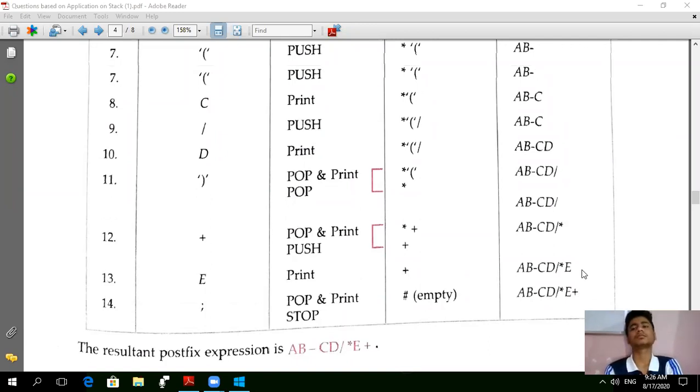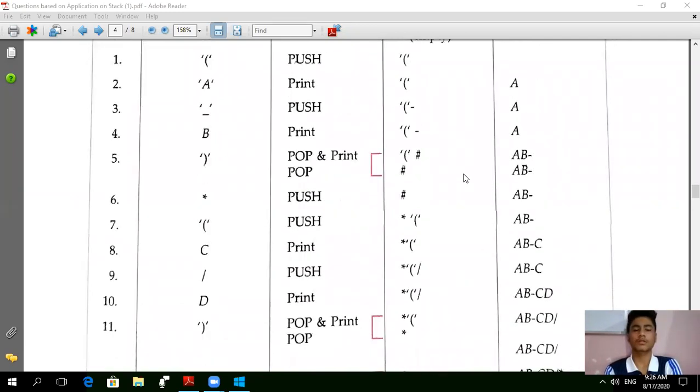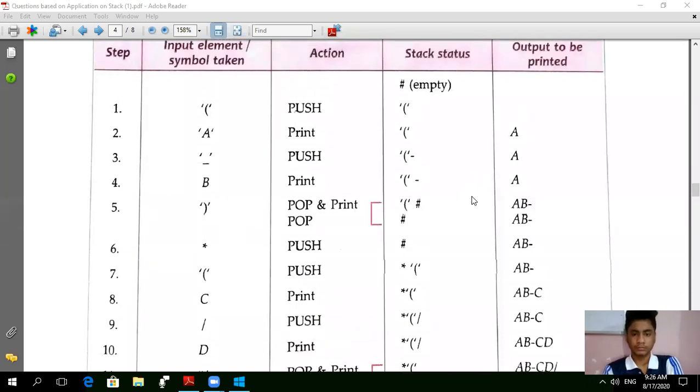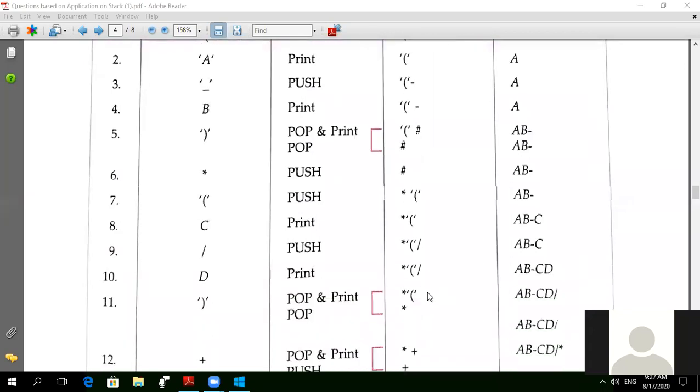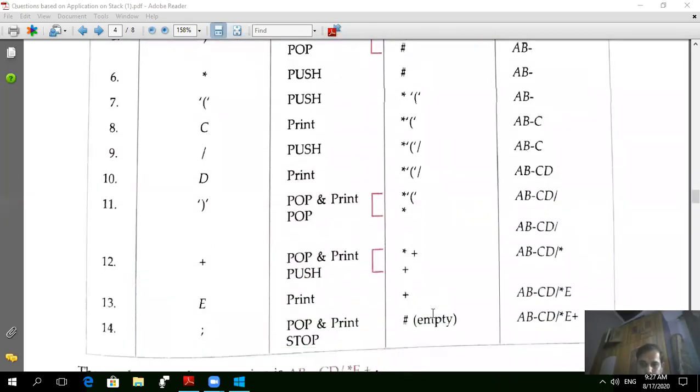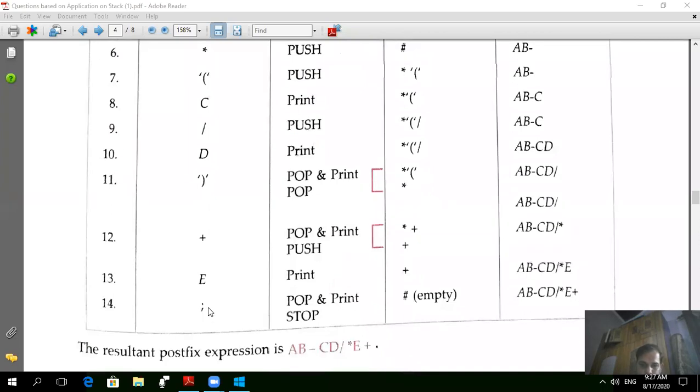Is it clear? So some mistakes are given here. In step number 4, A and B will come. Then here no hash symbol will come. Instead of that, the multiply sign will come. So you have to write the multiply sign instead of this hash symbol. Then here, no bracket, sorry, no semicolon.